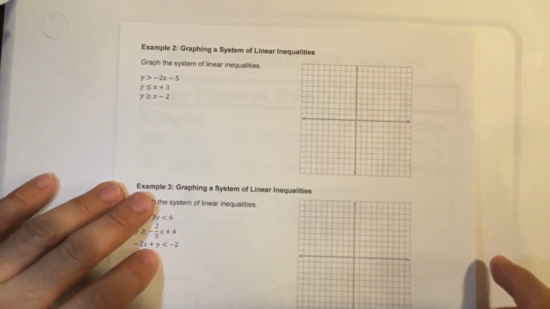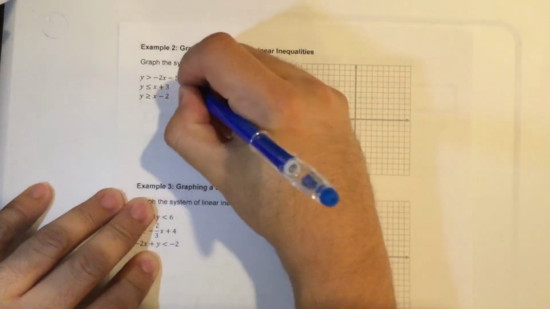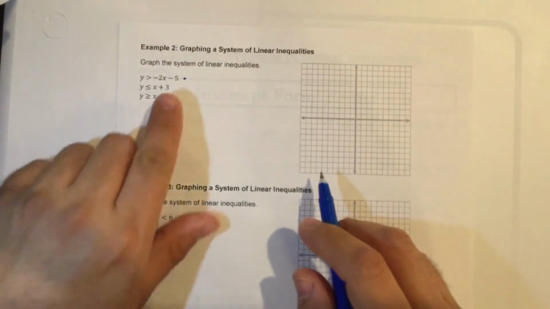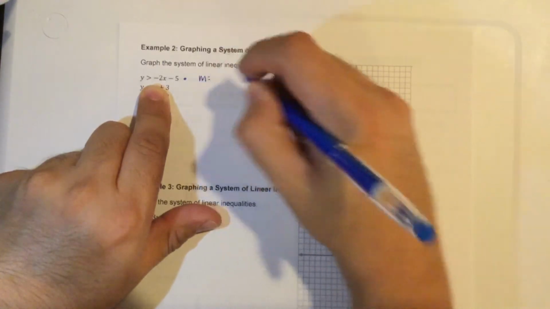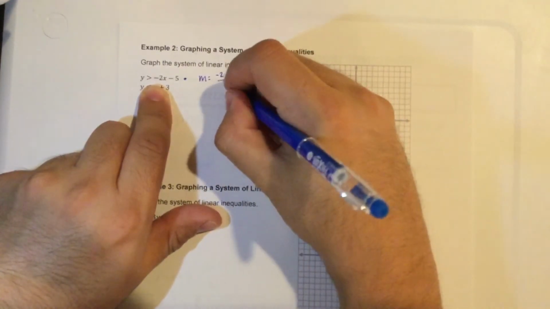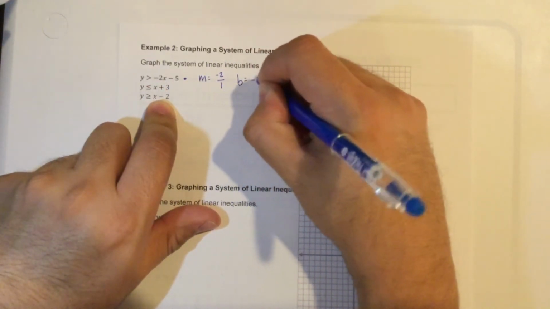So for the first one, they are all solved for y, so I don't have to worry about doing that. So I'm going to do this one in blue. So recall that here my y-intercept is -5 and my slope is -2. So the slope, to make it a fraction, I always keep the top either positive or negative. The bottom is always positive. So -2/1, and the y-intercept is -5.